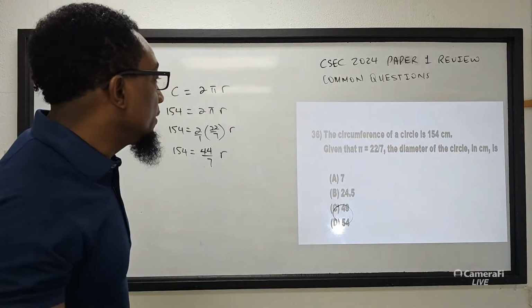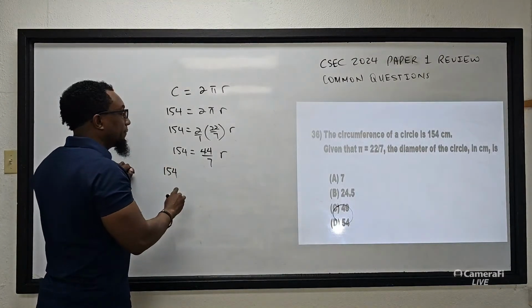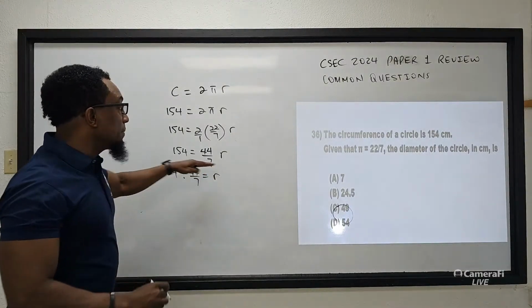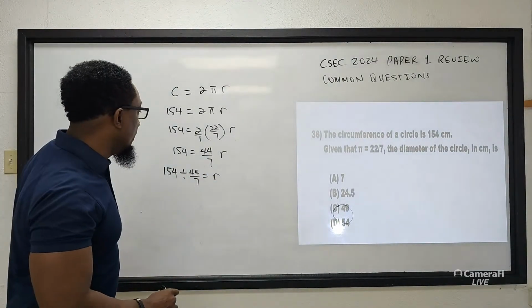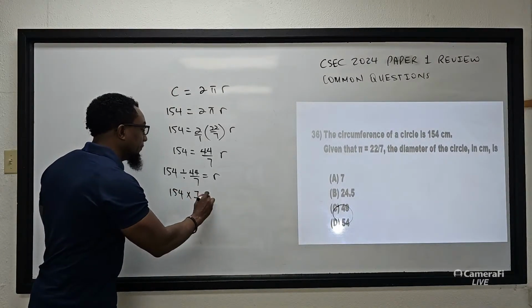How am I going to determine the radius now? I'm going to divide 154 by 44 over 7, so I'm dividing both sides by 44 over 7. I'm going to get 154 multiplied by 7 over 44.